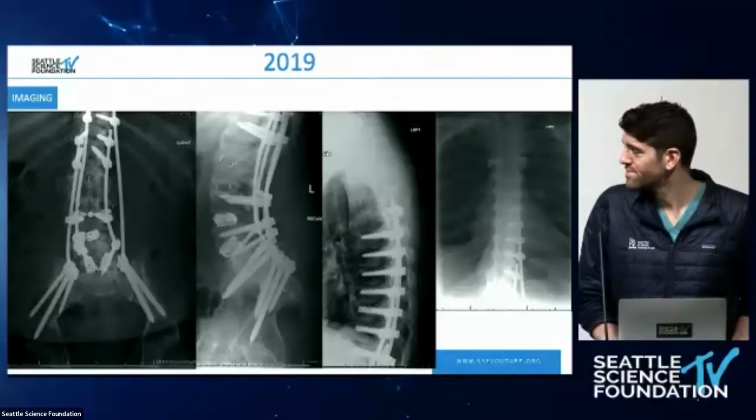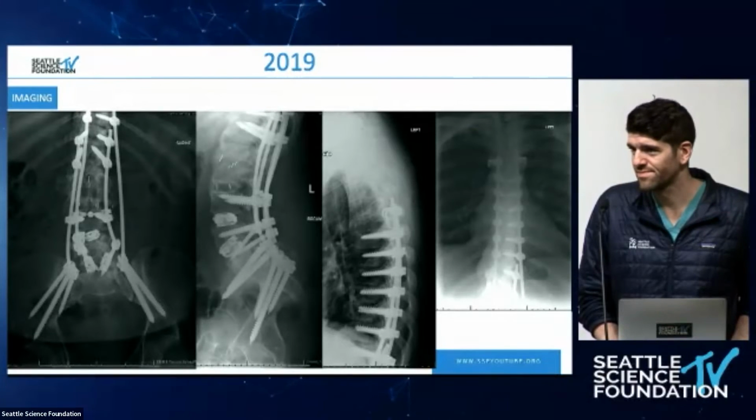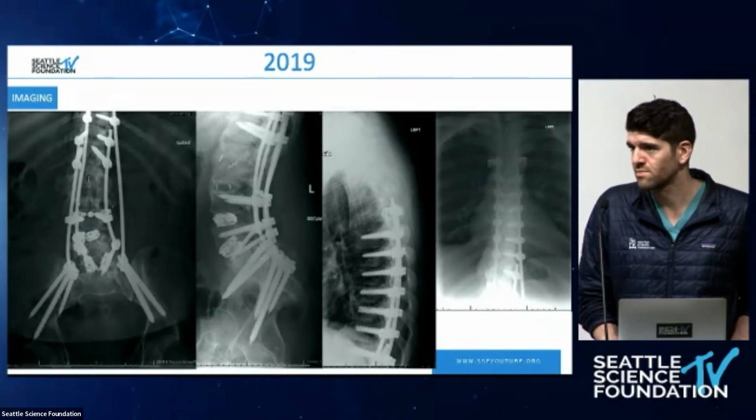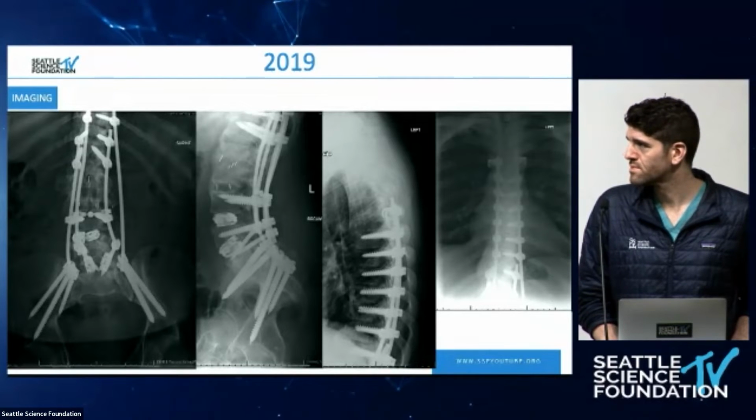You can see that although he fused at the level of the Charcot, he had a pretty solid posterolateral fusion.